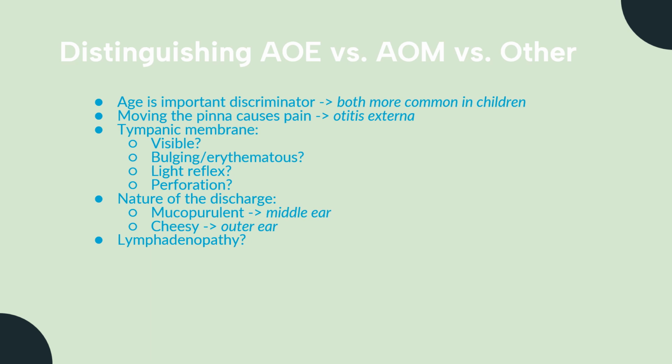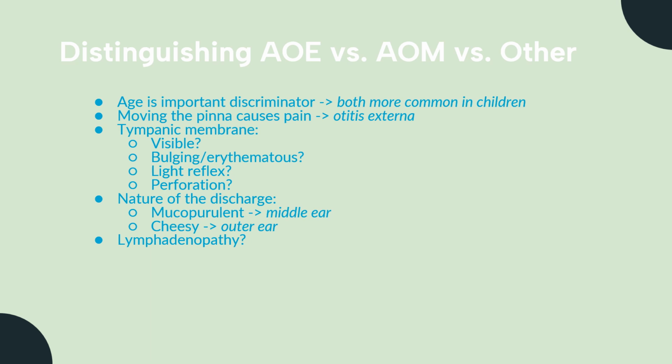If the tympanic membrane is visible, then it's probably not cerumen impacted. Then you want to assess it, see if it's bulging or erythematous, which can be a sign of acute otitis media. Light reflex, if it's not present, that's another sign of otitis media. And if it's perforated as well, that's important to know.